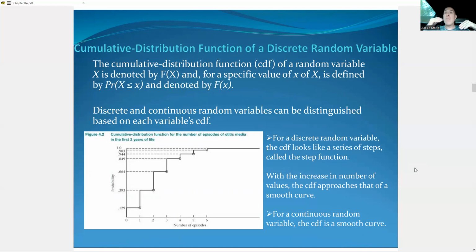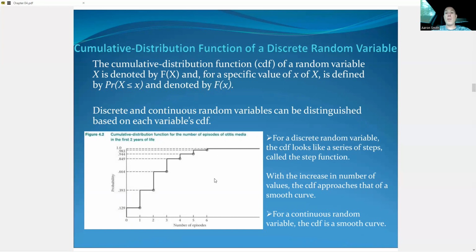Now, notice that I keep on adding more things together, and because probabilities are always positive or zero, the sum is increasing as I go from left to right. So here, this is the probability of seeing 1 or less. This is the probability of seeing 2 or less. This is the probability of seeing 3 or less.